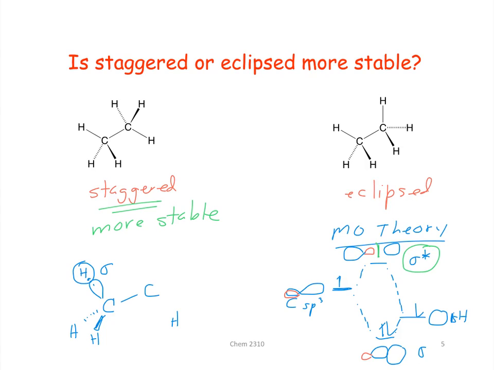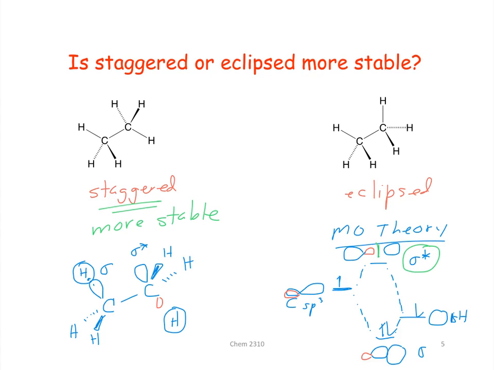Right, so let's draw the sigma star. So the sigma star is going to have like this, and then this orbital here. And then we're going to have, here's our other hydrogens. Alright, so what happens in this rationale, or this explanation, is the filled pi orbital, right?